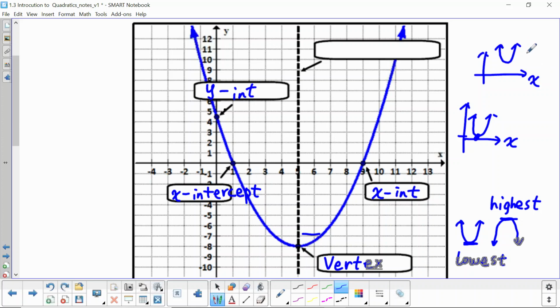So you have 0 x-intercepts, 1 x-intercept, and this one you have 2. So touch once, intersects twice, and this one doesn't have a point of intersection with the x-axis. And we have one more important characteristic for the parabola, the axis of symmetry.